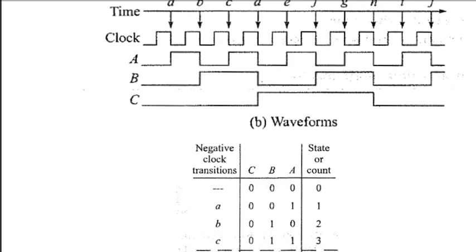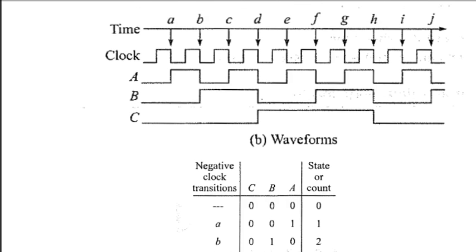At point a, the value of A is 1, B is 0, and C is 0, so this corresponds to 0 0 1. At point b, you can see that C is 0, B is 1, and A is 0. So this corresponds to 0 1 0, which is equal to the count 2.